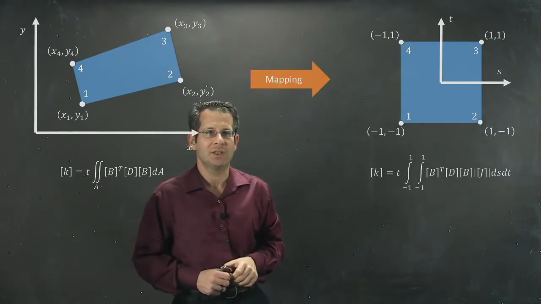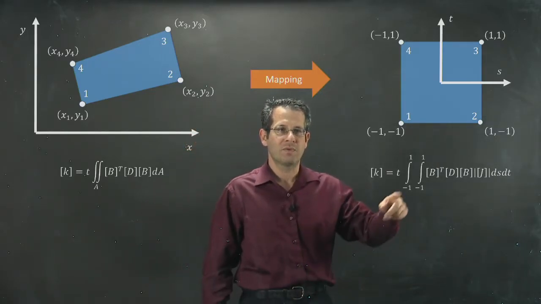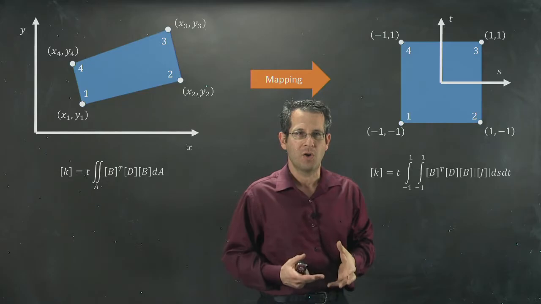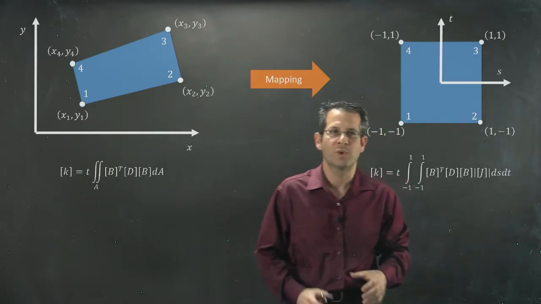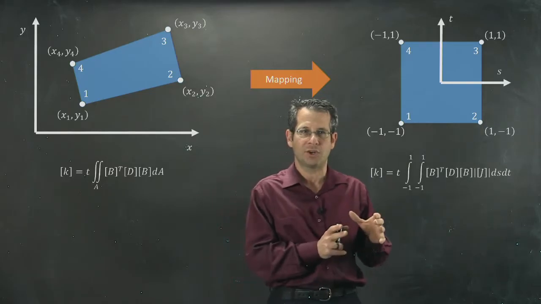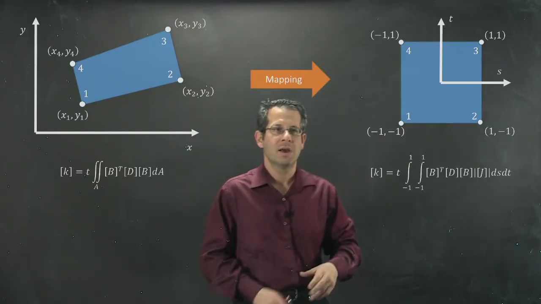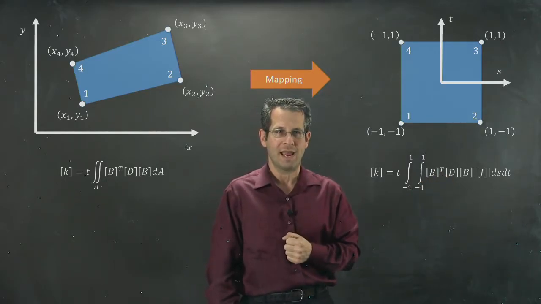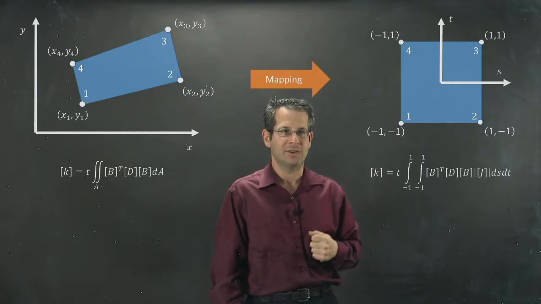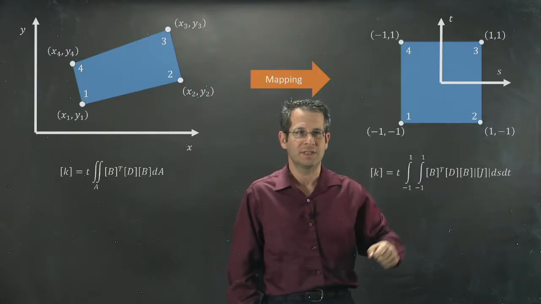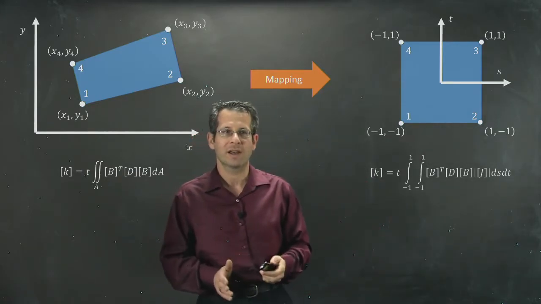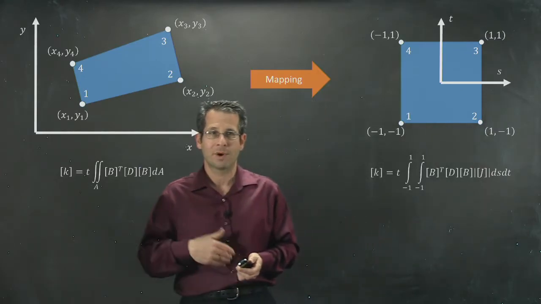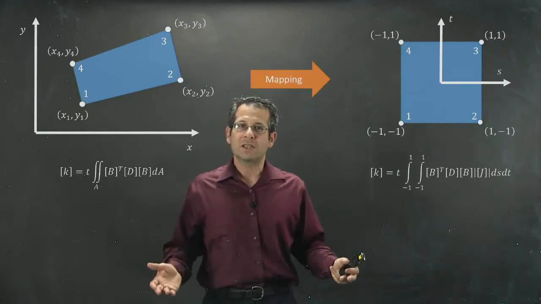We still need to evaluate an integral which consists of these three matrices now times the determinant of the Jacobian, which remember is a polynomial itself in terms of S and T. We still need to integrate 64 times, once for each member of that 8x8 matrix, that 8x8 matrix formed by multiplying these three matrices together. But now I'm integrating from -1 to 1 and -1 to 1 in the perpendicular direction. We just learned how to do that.